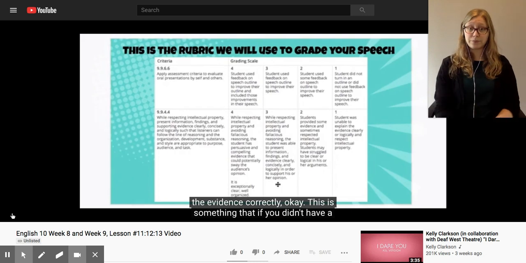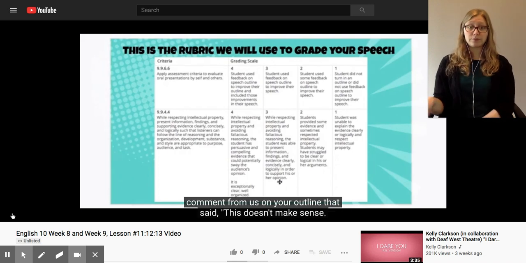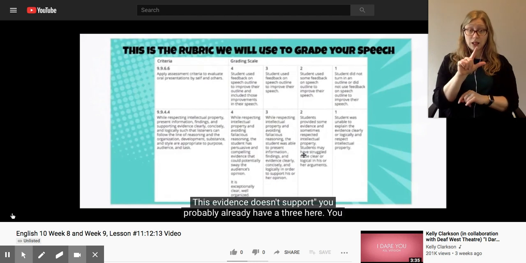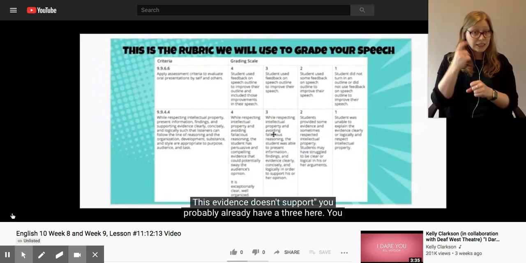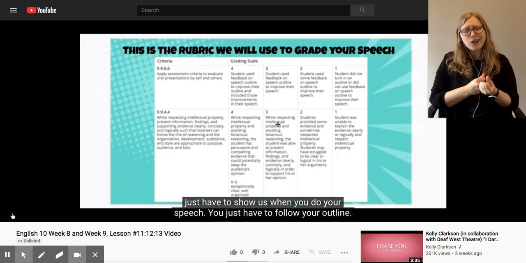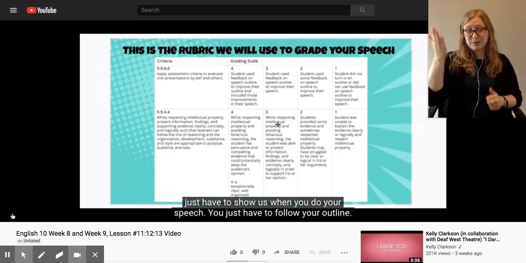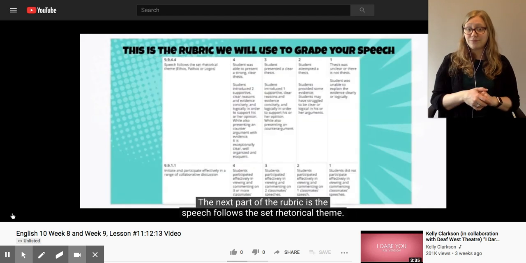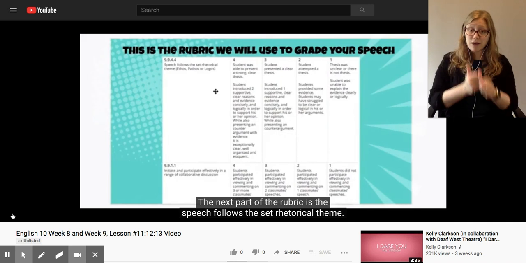This is something that if you didn't have a comment from us on your outline that said, this doesn't make sense, this evidence doesn't support, you probably already have a 3 here. You just have to show us when you do your speech. You just have to follow your outline. The next part of the rubric is the speech follows the set rhetorical theme.